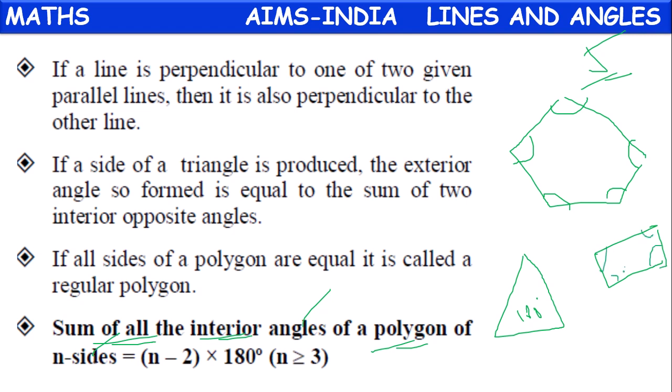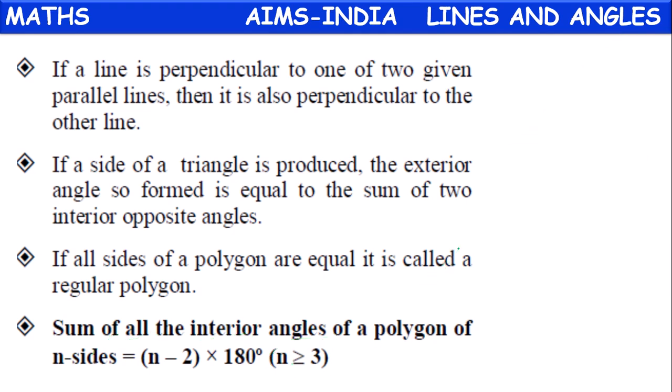If we have 3 or more sides, then it is called a polygon. For a polygon, the formula for the sum of all interior angles is n minus 2 into 180.